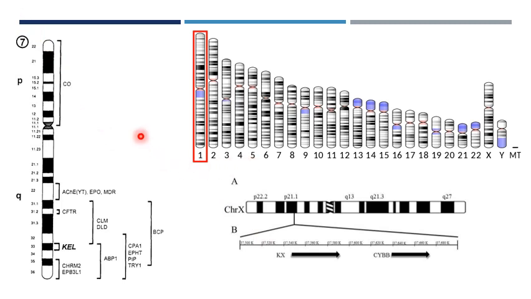The gene of Duffy, ACKR1, is located near the centromere of the long arm of chromosome 1 at position 1q21 to q22.